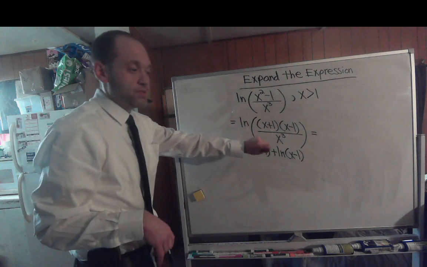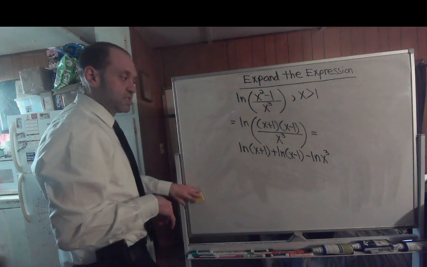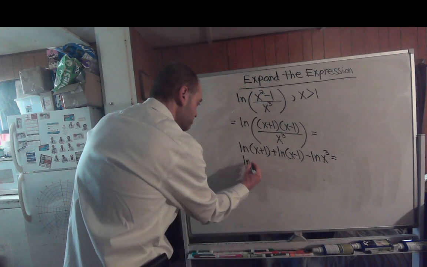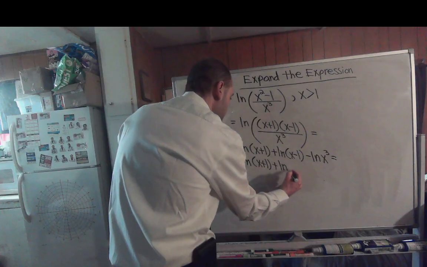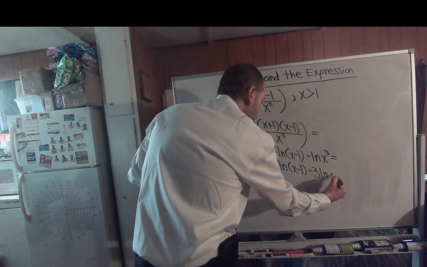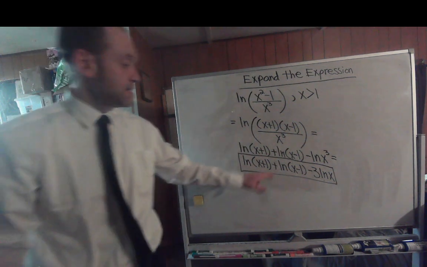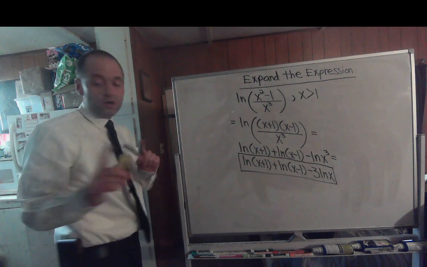You have the denominator of x to the third, so this would end up becoming minus the natural log of x to the third, which we can make one more change to because we have a power rule on the third term. So for the final expansion, this will become the natural log of x plus 1 plus the natural log of x minus 1 minus 3 times the natural log of x. And that would be the best we could do to expand this.